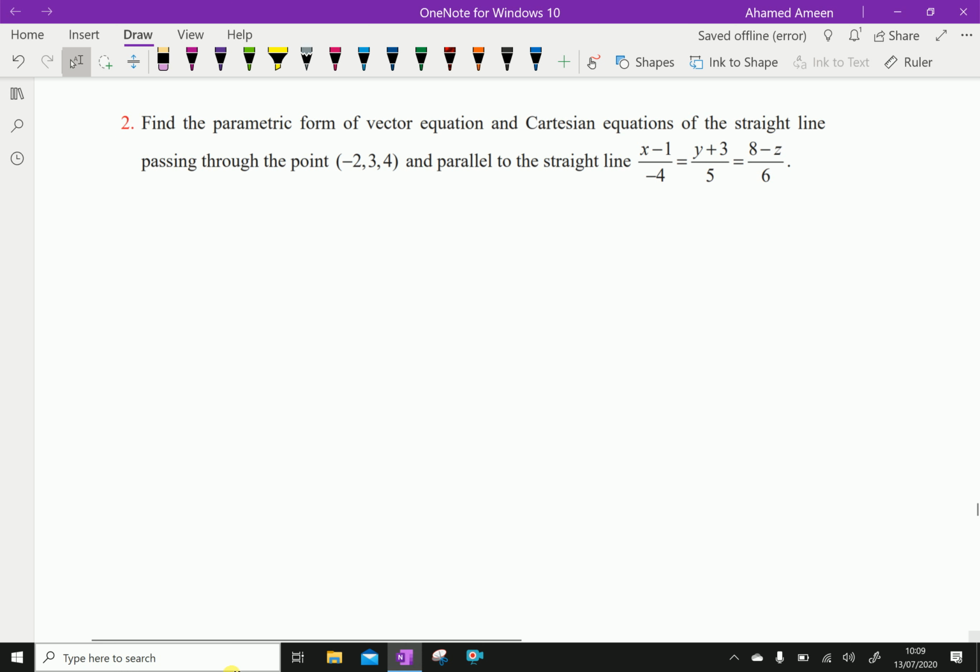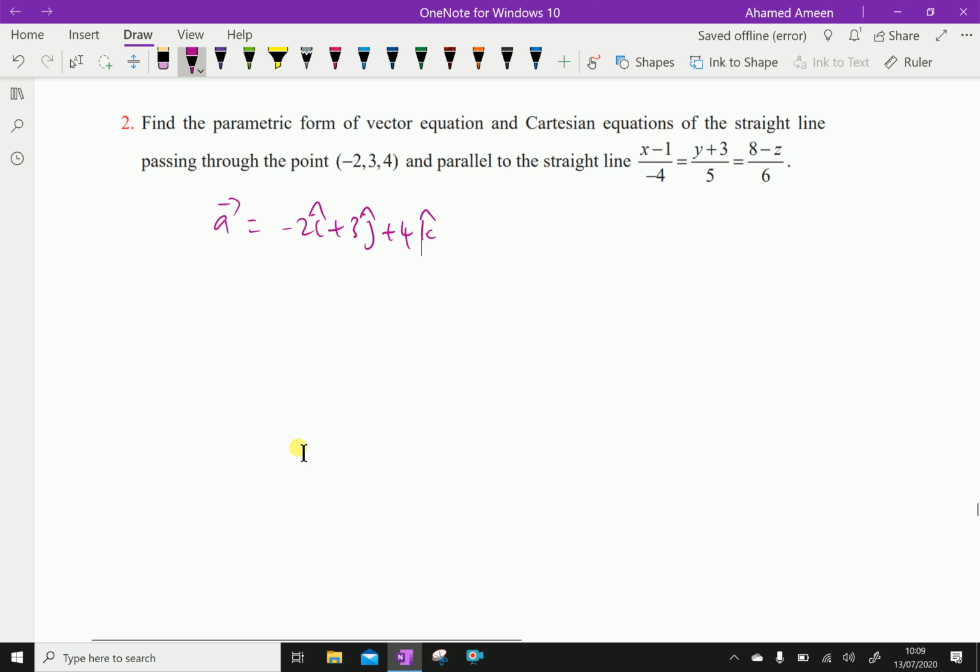Here, let vector A, the passing through vector, be minus 2i plus 3j plus 4k. This is passing through the point and parallel to the straight line.